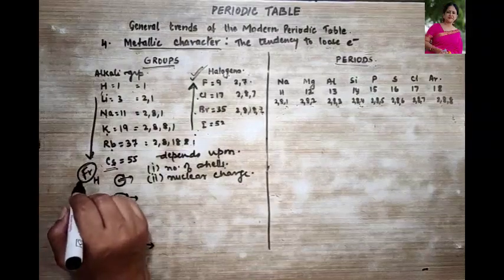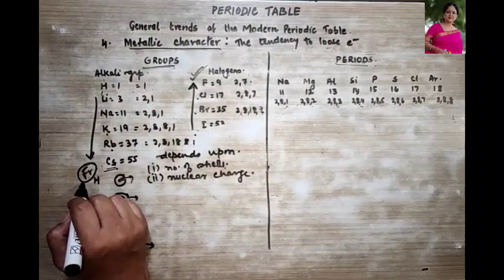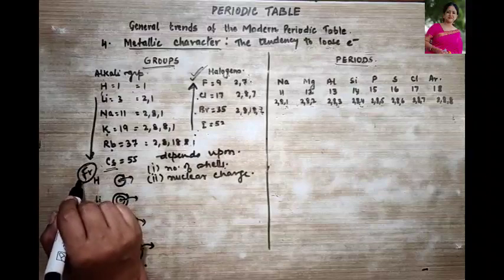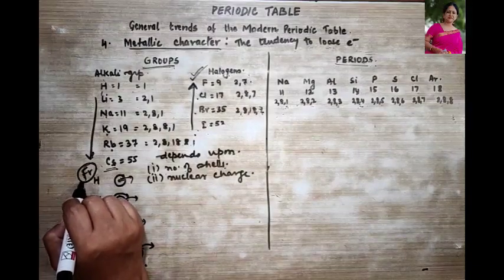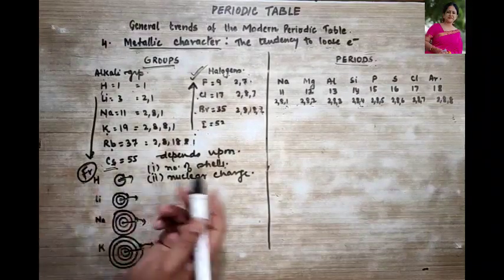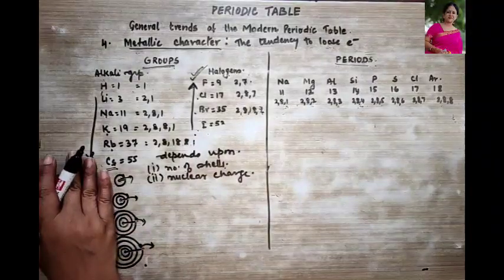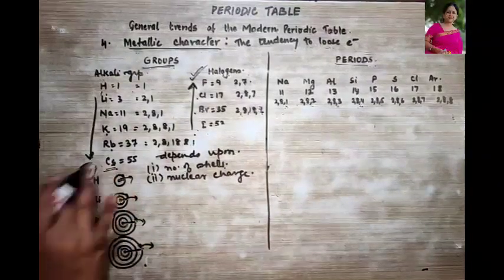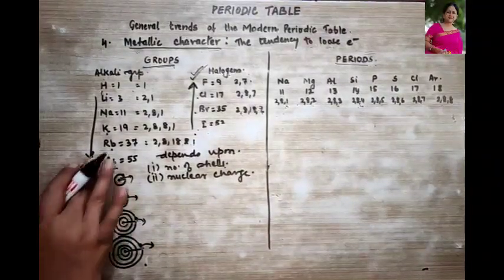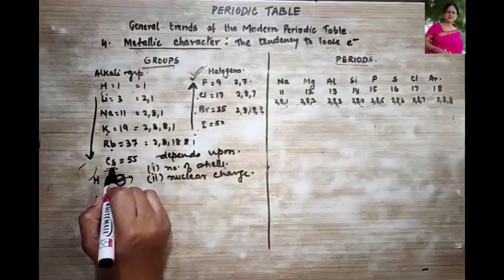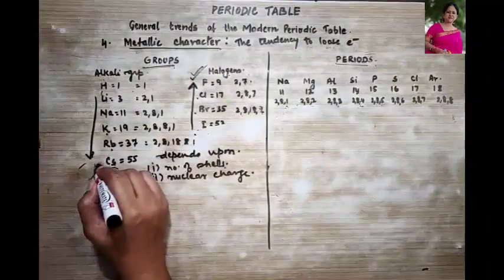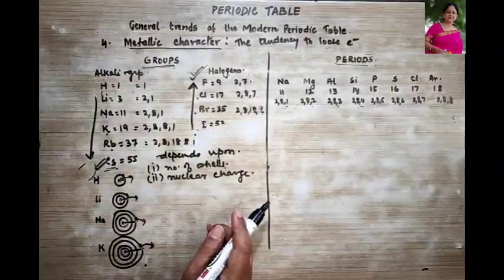Because francium has certain radioactive properties, and therefore it cannot be said to show metallic character because it contains certain properties of radioactivity. So we remove this element from here and we talk about only cesium. So cesium is said to have the most metallic character.